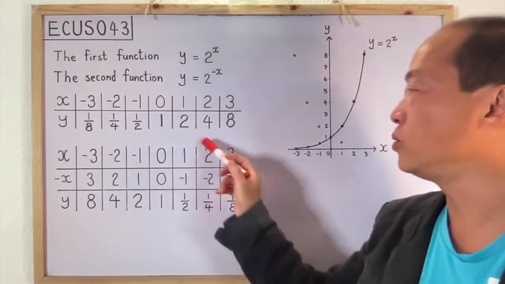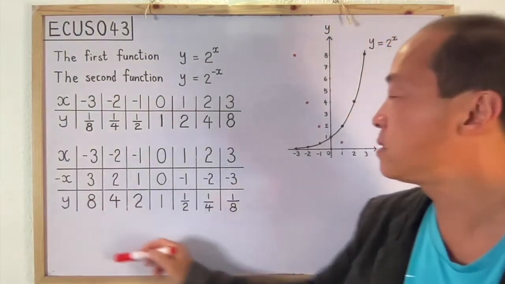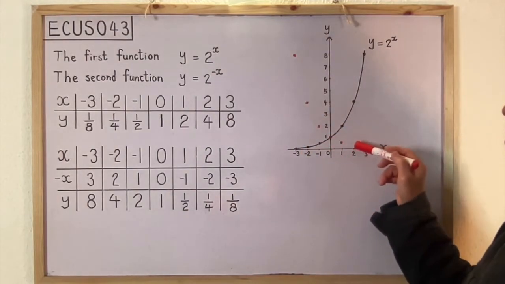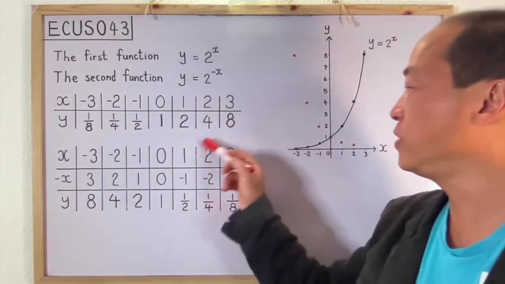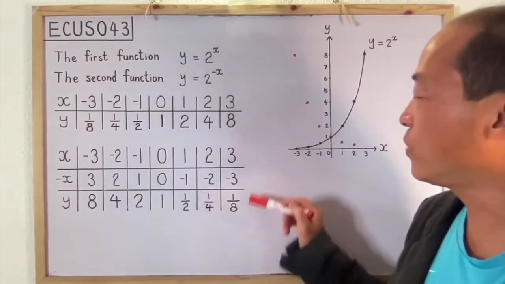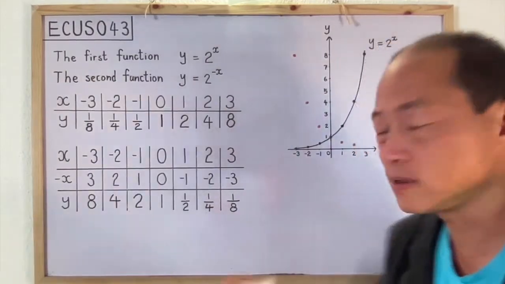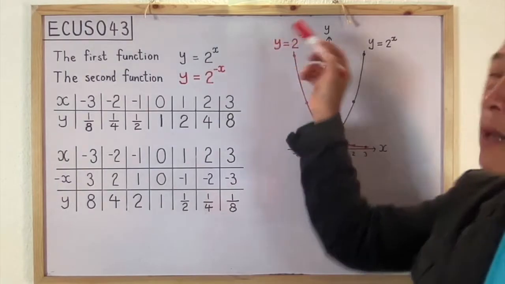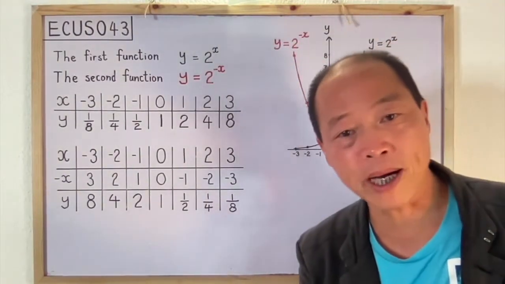When x is 2, y is 1 over 4. We have this point. When x is 3, y is 1 over 8. We have this point. It is the graph of y equals 2 to the power minus x. It is infinitely long. I just draw part of it.